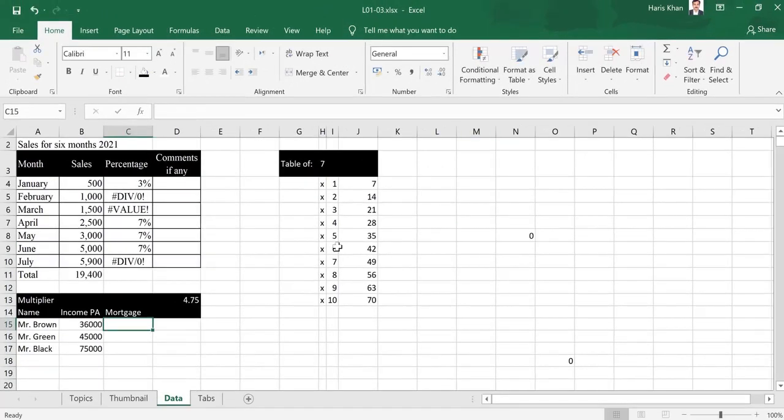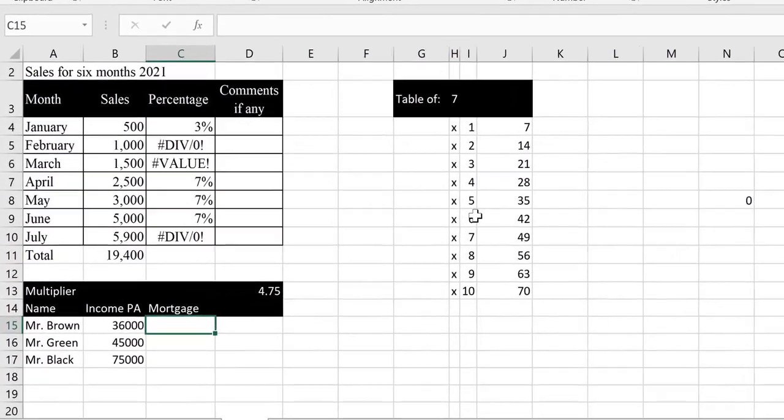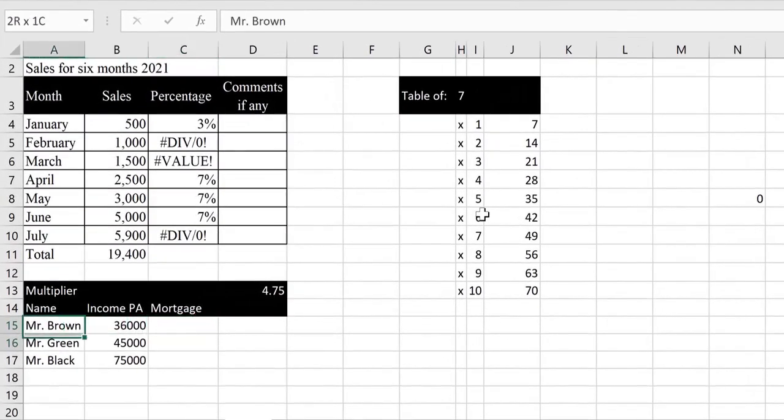Here's a second example of absolute cell reference. There are 3 persons whose annual income has been given in column B, and we want to calculate the mortgage for these 3 persons on the basis of the multiplier 4.75.